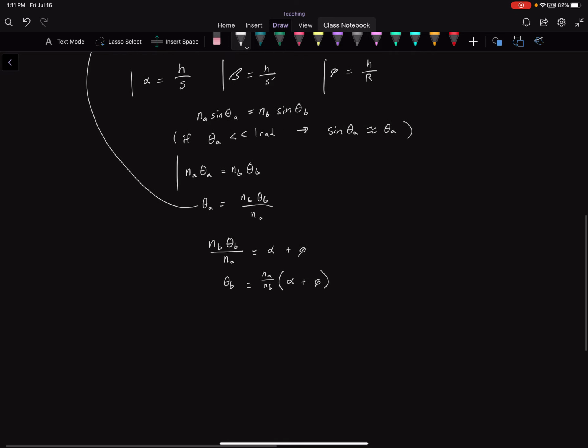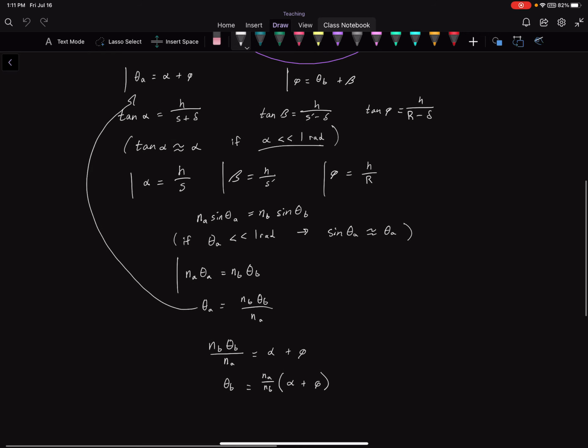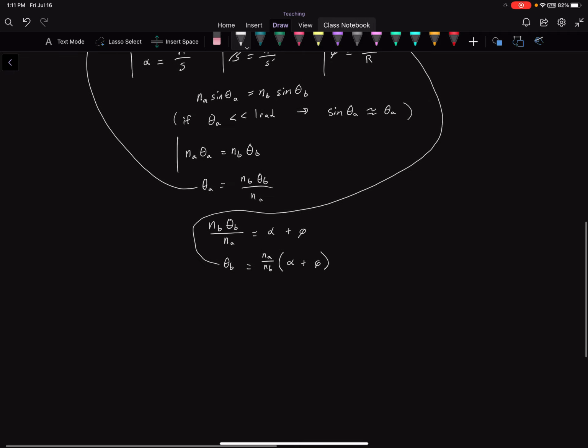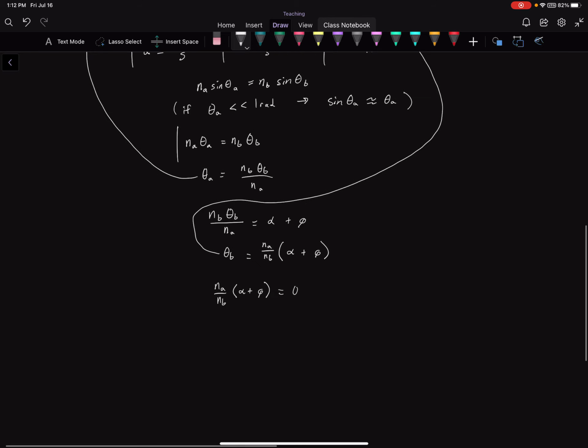Now we're going to substitute this into the second equation that we wrote down. So this one, all the way up here, into there.